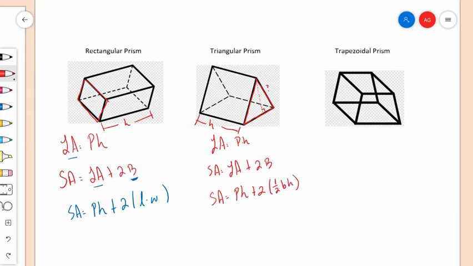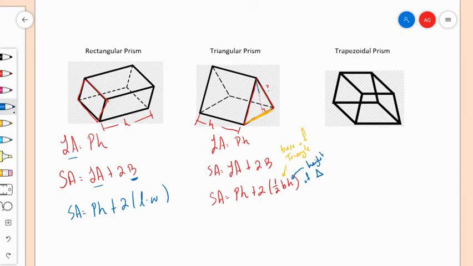Now, here's where we have to be careful because, once again, that little b represents base of triangle, or kind of like the base of the base, so this base down here. And this little h here represents height of triangle.